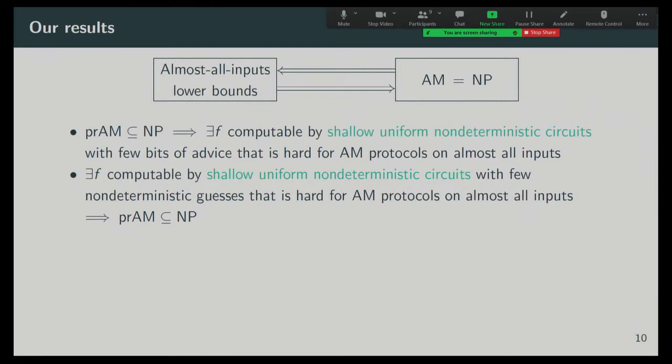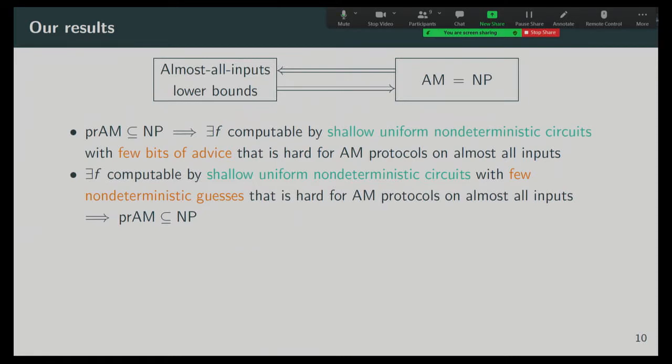The gap here, and the reason we have two implications, is that for the first one, the function requires a few bits of advice, and in the second one, even though the function has non-deterministic circuits, we need to limit the number of non-deterministic guesses that it makes.